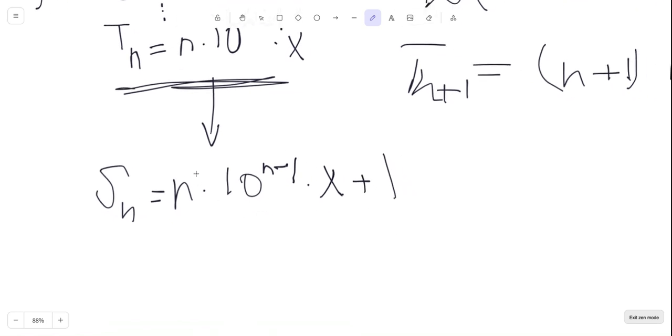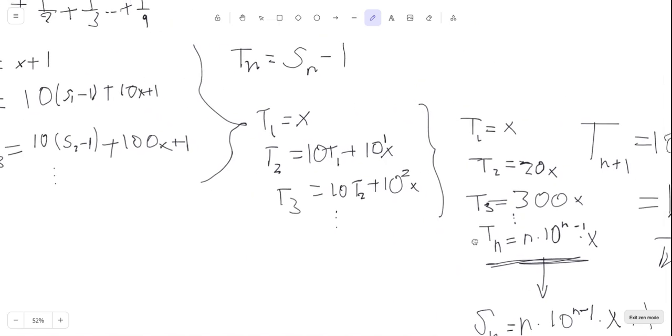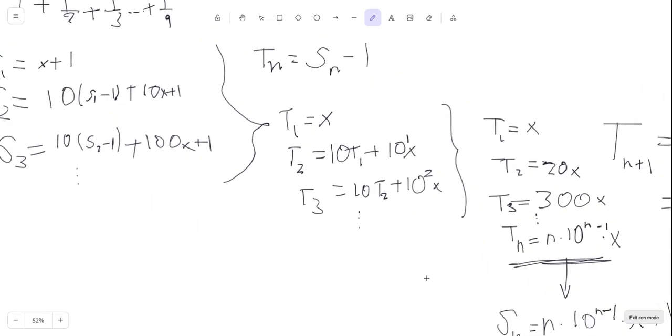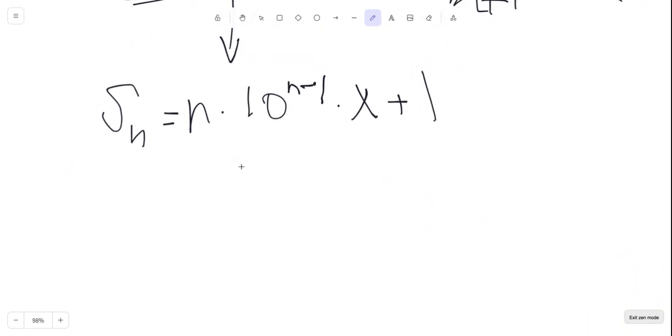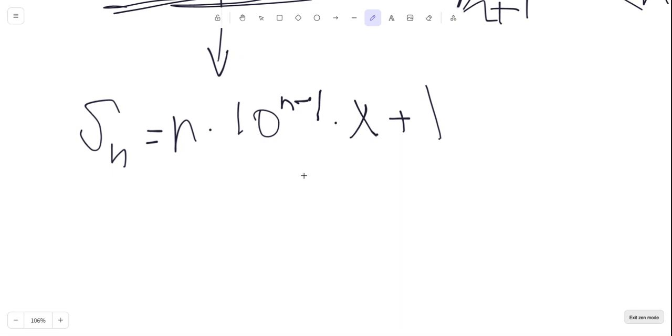Now, when is this an integer? Well, we know what x is. It's the sum of the reciprocals of the first 9 numbers. So for s sub n to be an integer, all we need is for the numerator of the fraction we get to work out. The 1 doesn't change whether it's an integer or not, so we can discard it.